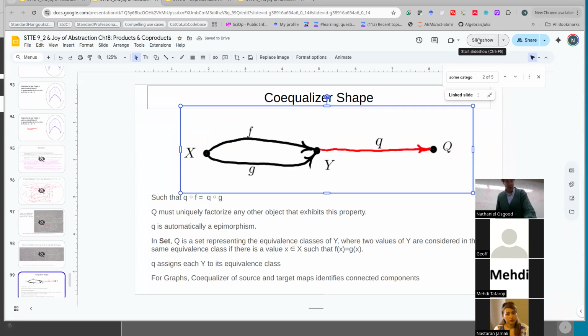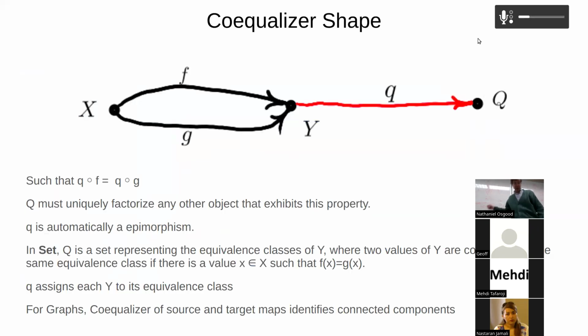So Q after F must equal Q after G. Do you remember E was automatically a monomorphism? Q is automatically an epimorphism. It's the dual of a monomorphism.